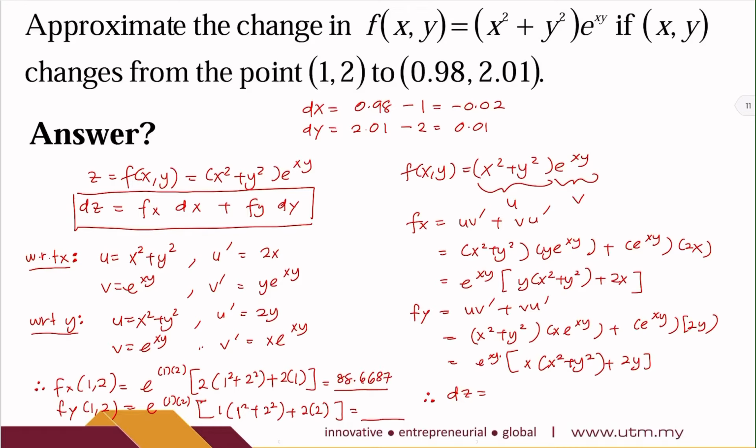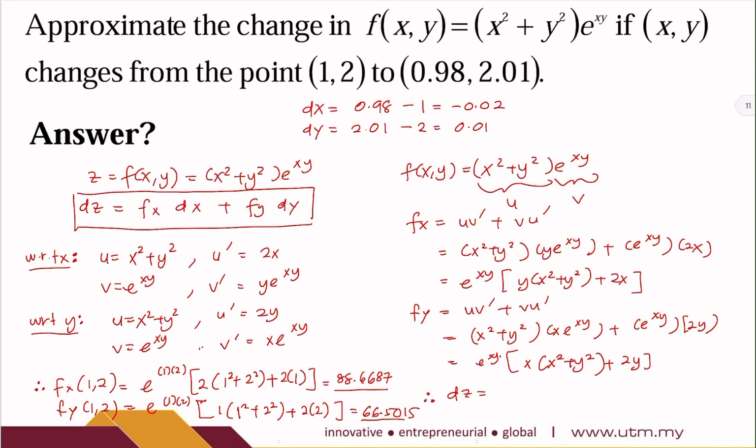Hopefully we're correct. And then we will have 2 squared plus 1 plus 4 multiplied with exponent 2, so 66.5015.